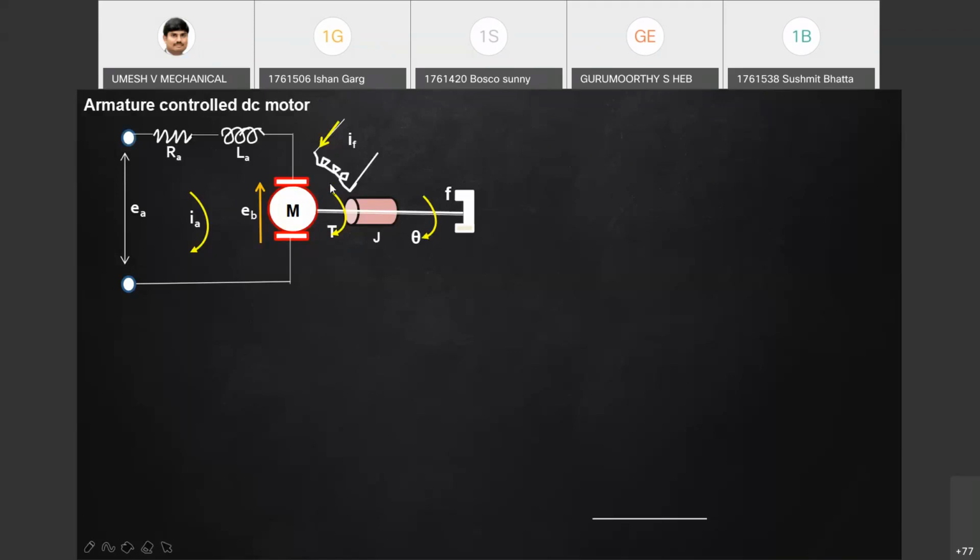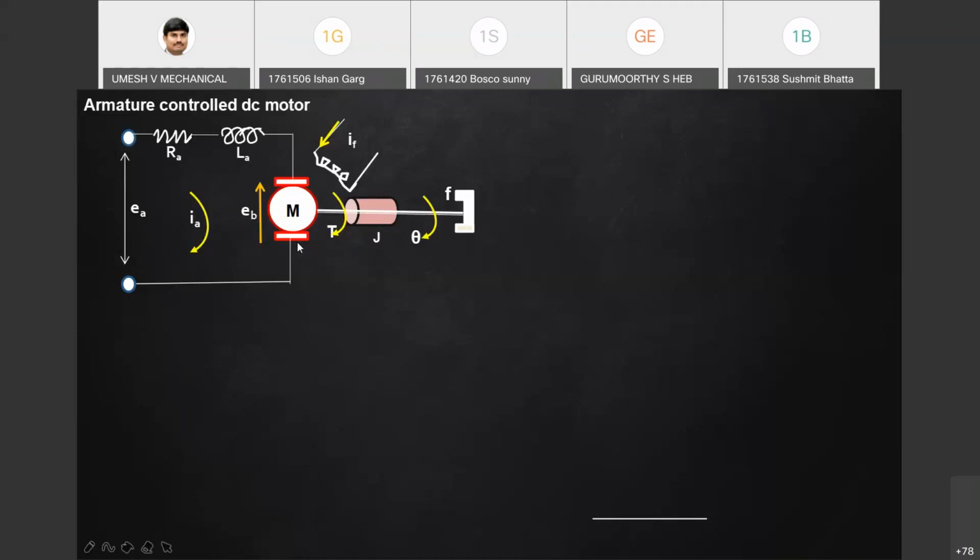Then the other part is electrical. There is armature winding. Armature winding will have armature resistance and armature inductance, LA. And there is a current flowing in this particular circuit, IA. Because of this winding, wherever you have winding, there is also a voltage in the opposite direction called back EMF. That is a common feature in windings.